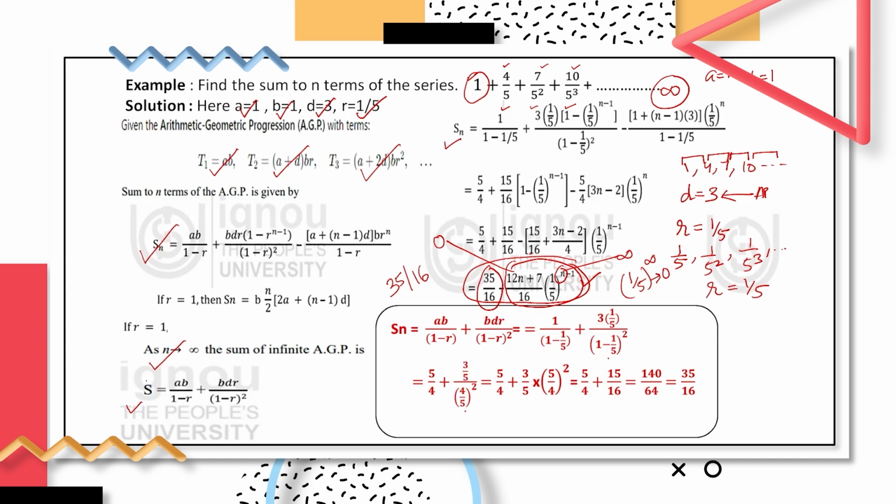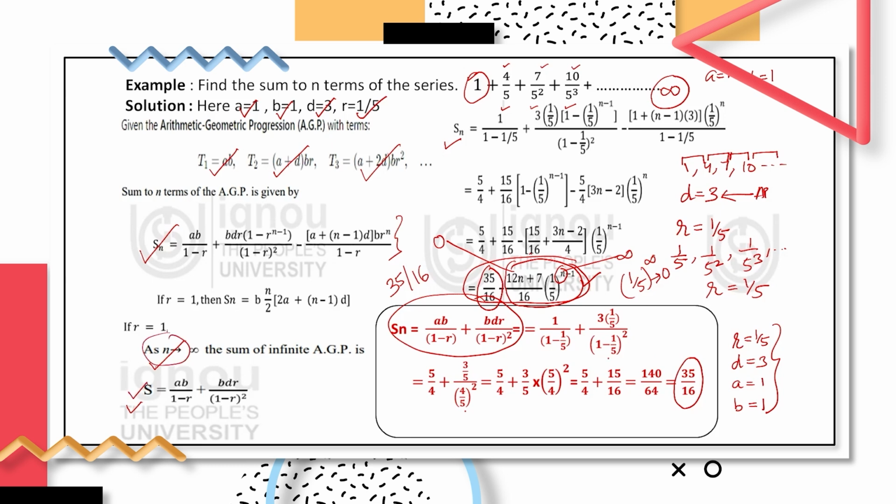Now, we already know that R is equal to 1 by 5, D is equal to 3, A is equal to 1 and B is also equal to 1. Substituting these values into this formula and solving, finally you will get the answer 35 by 16.